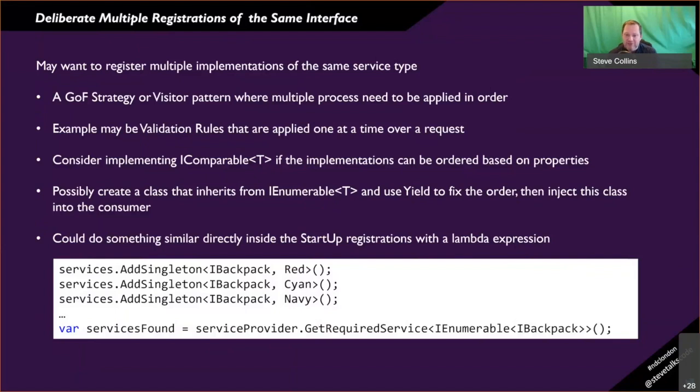But for that to work, you will need to inject the IEnumerable of the service type into it, and then have some ordering logic in there, and then you have to register your class so that the consumer can then go and request your class from the container. So it's still adding yet more boilerplate. Lastly, you could just write a Lambda expression for IEnumerable inside your container registration. That then serves up instances in the required order.